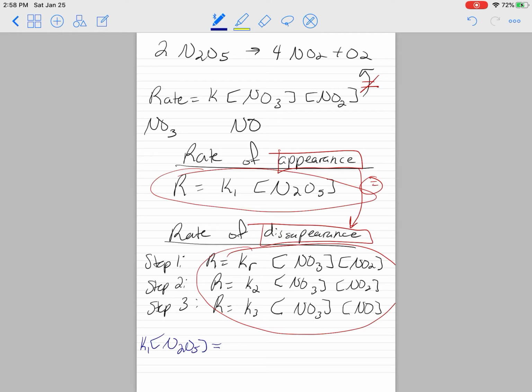And I'm just going to add those rates of disappearance together because they all contribute to the disappearance of NO3. So we'll have KR NO3 NO2 plus K2 NO3 NO2 plus K3 NO3 NO.